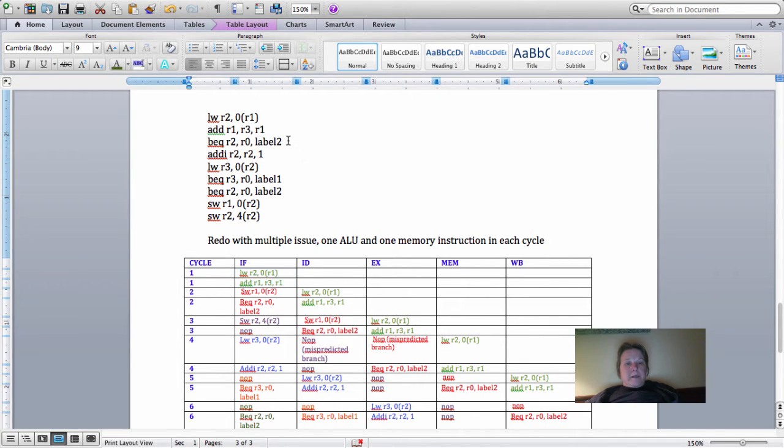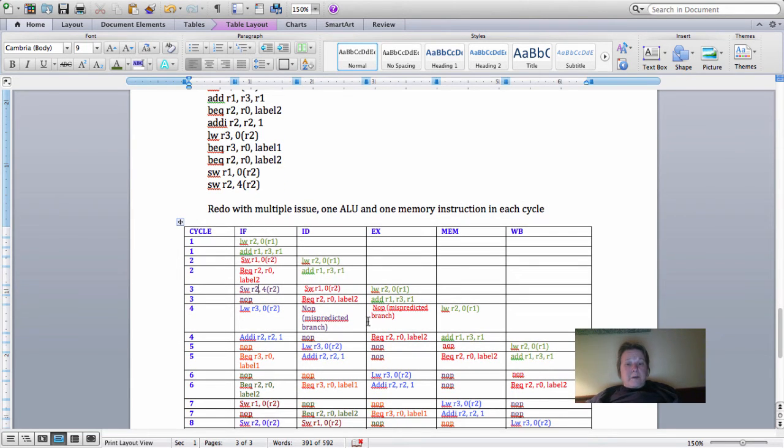In the next, we're going to fetch the branch, and then since we assume that the branch is taken, we're going to fetch the store word next. So these 2 move forward. In the next one, we're going to fetch this store word. So now we've fetched 2, and then there aren't any more instructions.